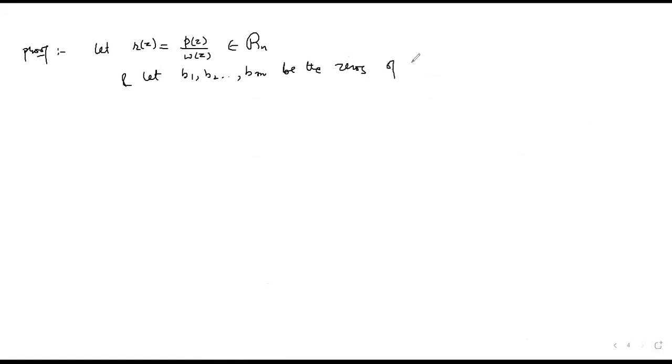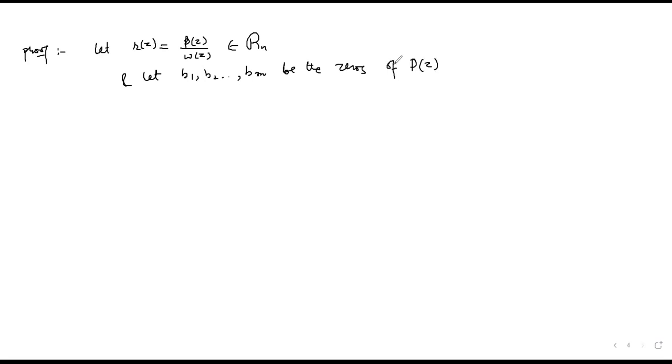Let's prove first. Proof. We will do both together because in the start we have to do the same thing. Now let r(z) be equal to, of course it should be of the type p(z) divided by w(z). Now this belongs to R_n, and let d1, d2, up to dm be the zeros of p(z), which is the same thing as the zeros of r(z).